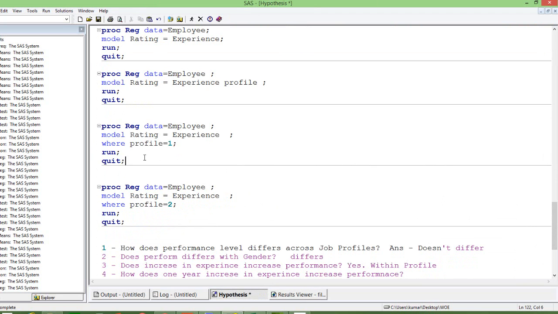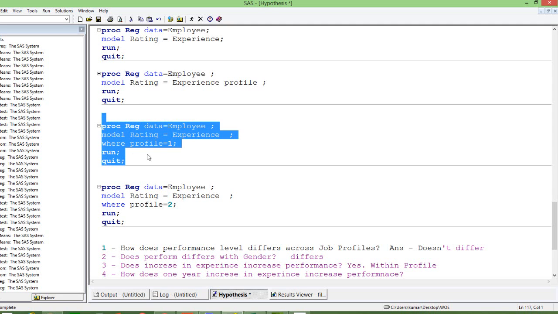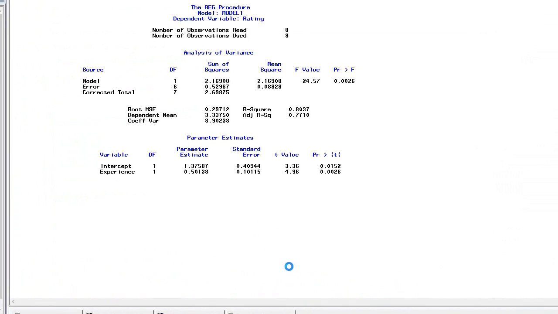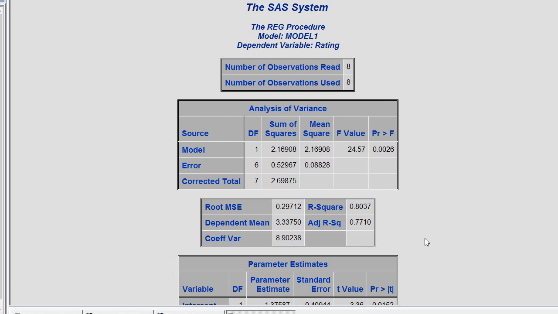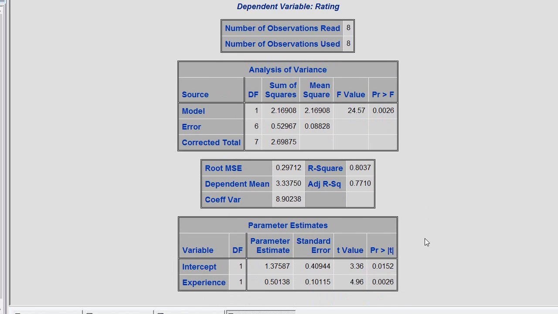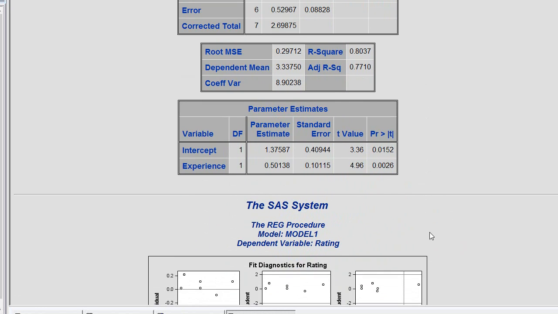We will do it for profile 1 employees, and let us run the regression. Let us go straight to the p-values. Now you can see the p-value is less than 0.05. That means the coefficient for experience in this case is significant.